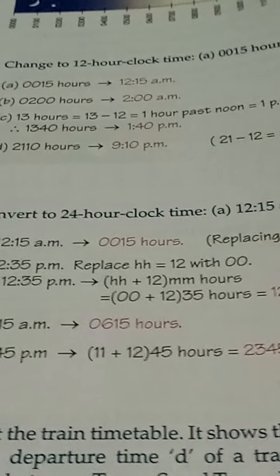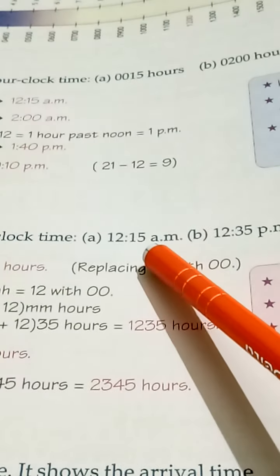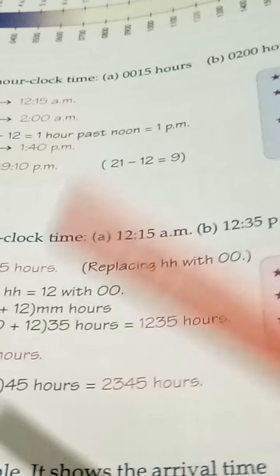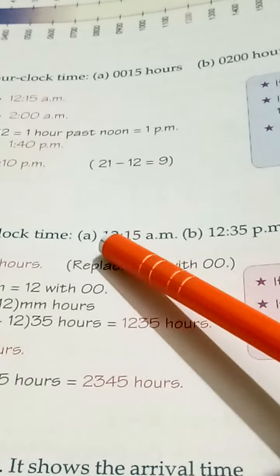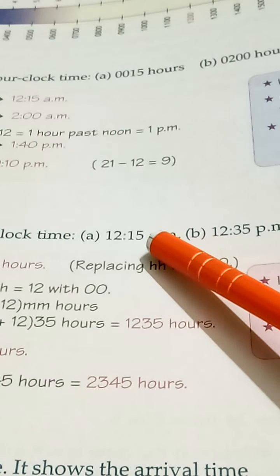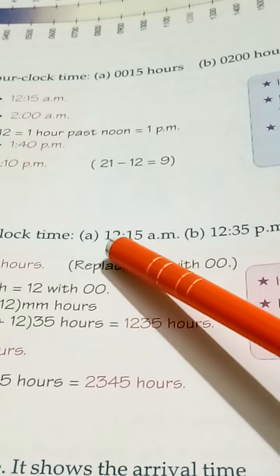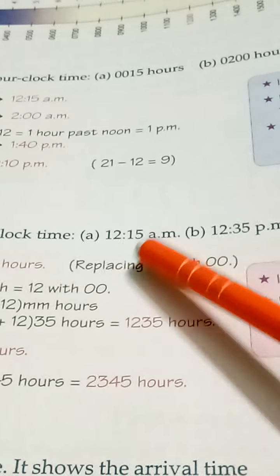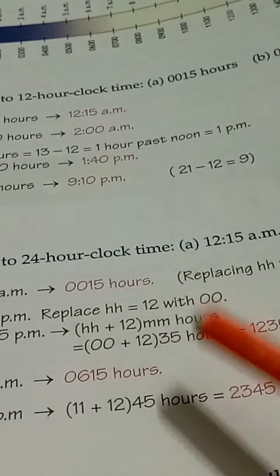Now in 12-hour clock time, time is given, and you have to convert into 24-hour clock time. Suppose 12:15 a.m. is written. So a.m. is there, that means it is talking about midnight. So what will you write? 00:15 hours. Clear? Like this.